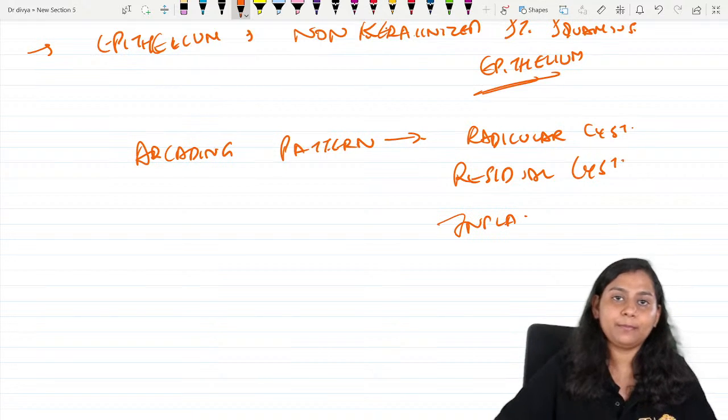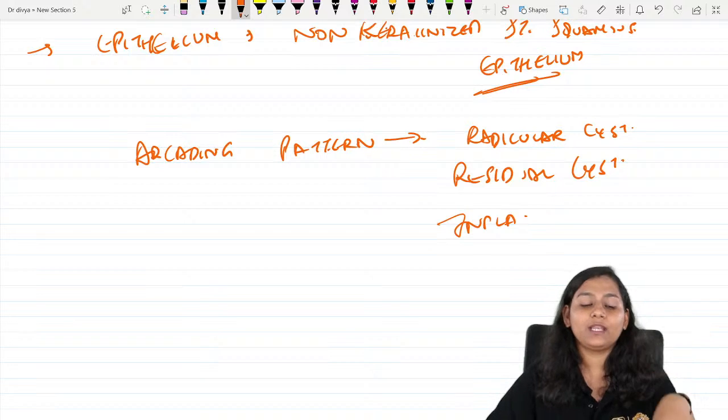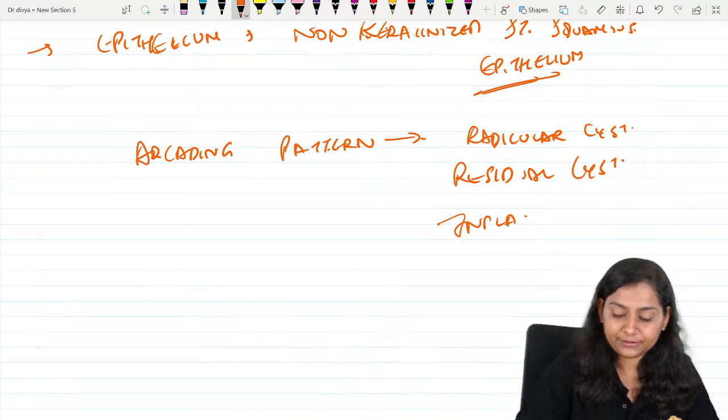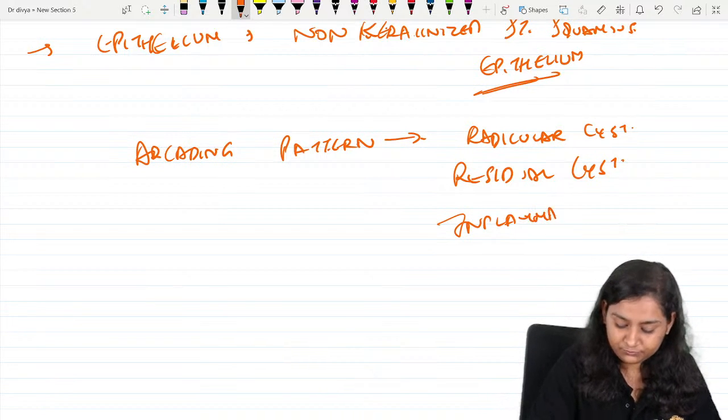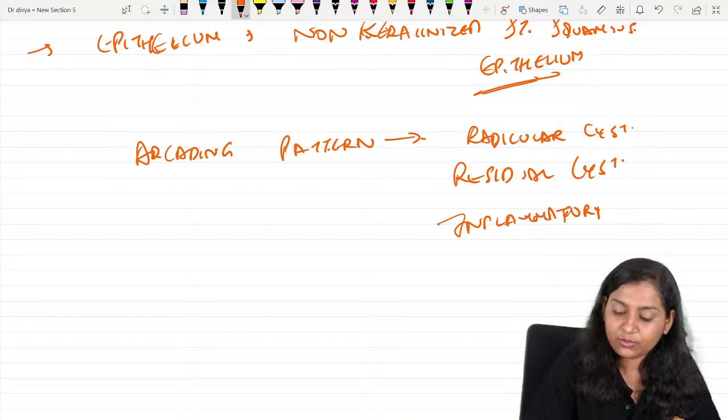Very easy to remember: all the inflammatory cysts will have the arcading pattern.